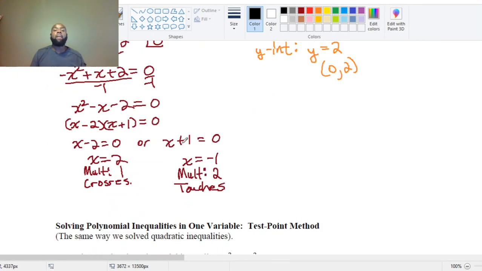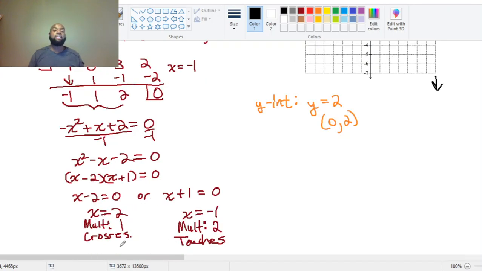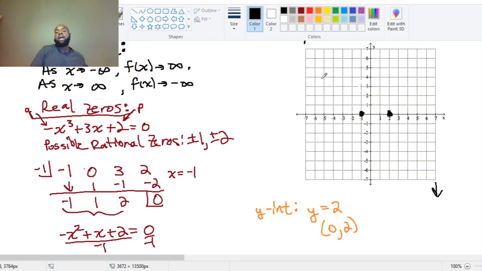So I'm going to plot my x-intercepts, -1 and +2. I know that I'm going to cross my x-axis at 2 and touch my x-axis at -1 because of the multiplicities. And my y-intercept is 2.